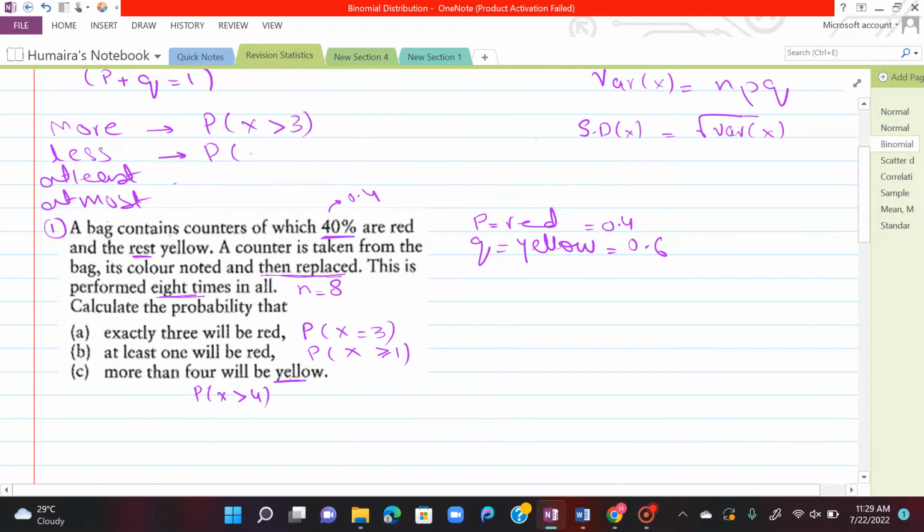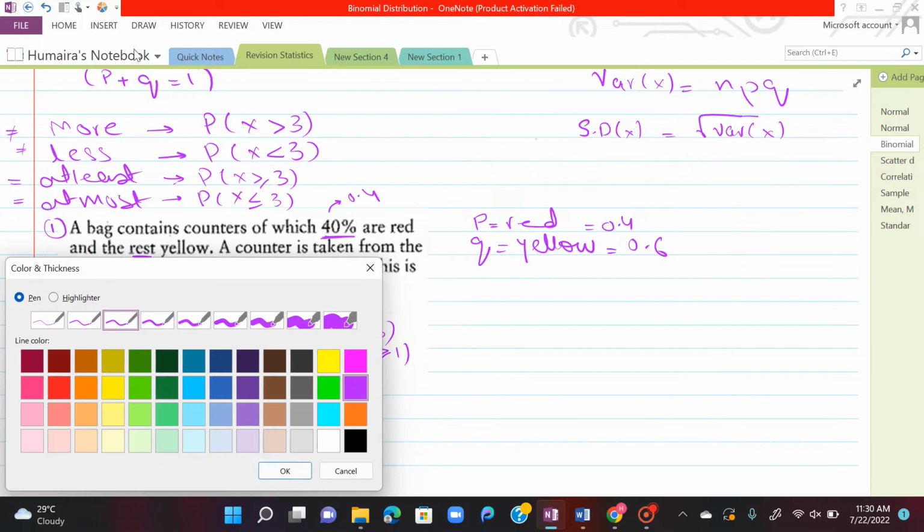Less than 3 is x less than 3. In both cases, 3 is not included. At least 3 means more than or equal to 3. At most 3 means less than or equal to 3. So in at least and at most, equal is included, but in more than or less than, equal is not included. All right, so this is another thing you need to remember. Let's do all the parts one by one.